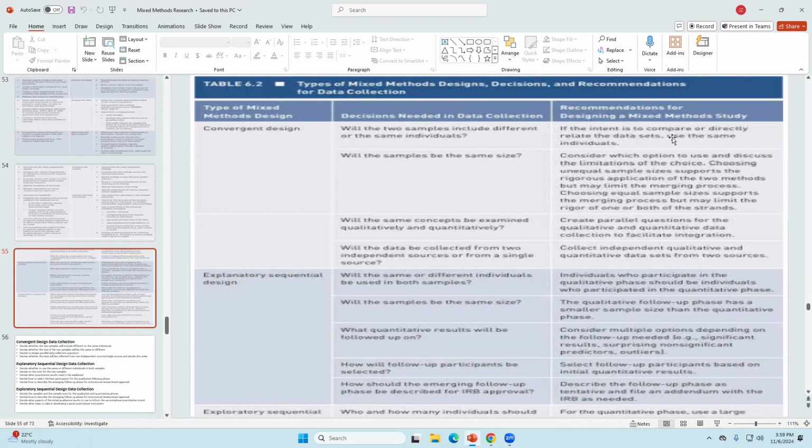If the intent is this, what is the decision? What is the recommendation? If the intent is to compare or directly relate the data sets, use the same individuals. Listen, okay? They are suggesting, should the sample be the same or different in conversion design? In what case should it be the same?